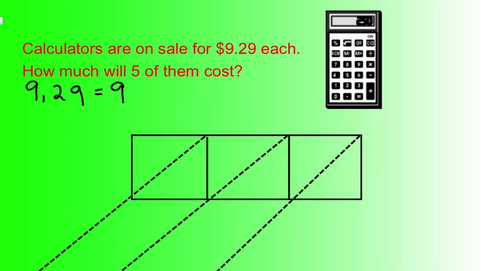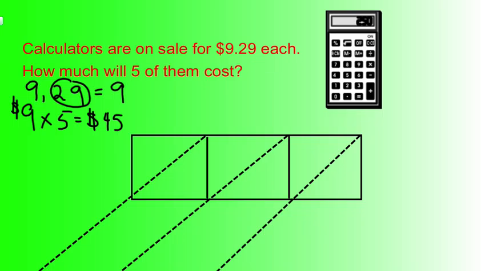So $9 times 5 calculators gives us an answer of about $45. So as we work this problem, we're going to want to keep that in mind, that we're looking for an answer somewhere around $45, and actually probably a little bit more than $45 because this was initially $9.29. So keep that in mind.